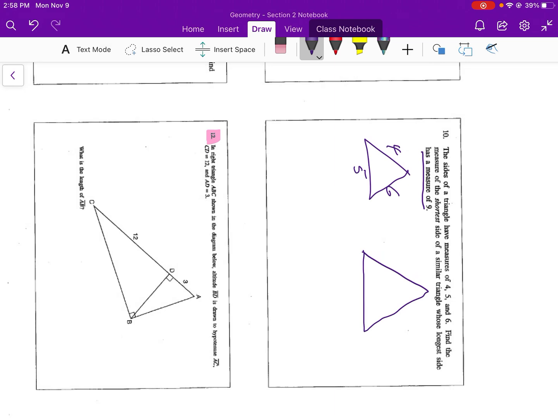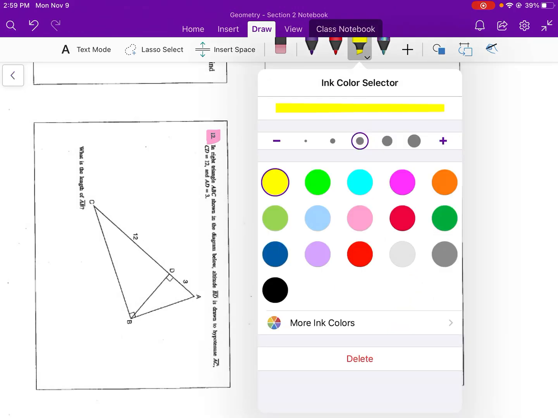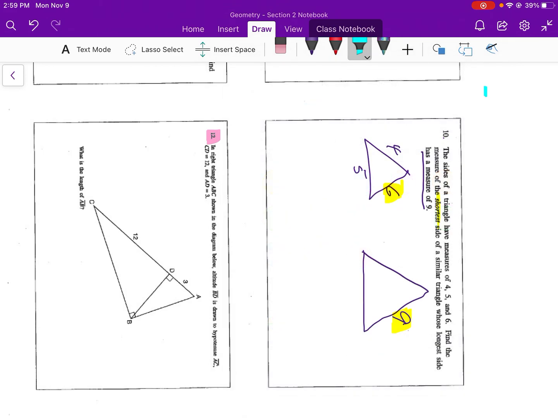So I'm going to draw it a little bit bigger. And since 6 is the longest side here, I'm going to make this one in that new triangle the longest side, which is 9. I'm looking for the shortest side. So the shortest side is the 4. So that means this is the shortest side in the similar triangle.